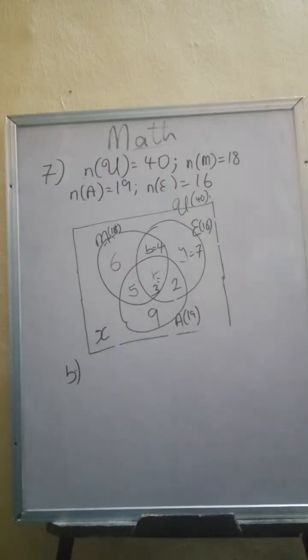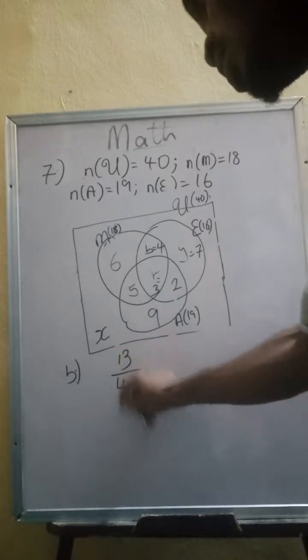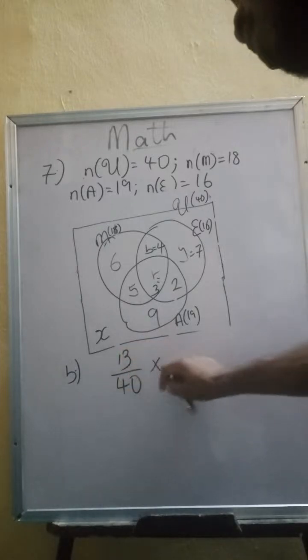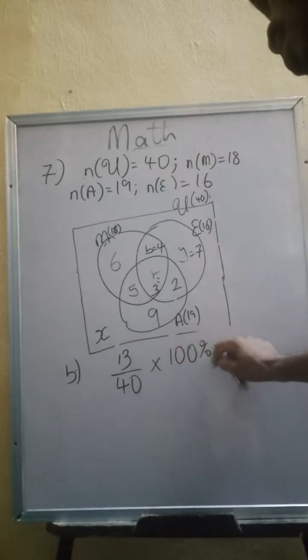Now if you take it that way, you have 4 plus 9, which is 13. But it says who failed in at least one of economics and maths. And that gives you 13 over 40, times 100%.